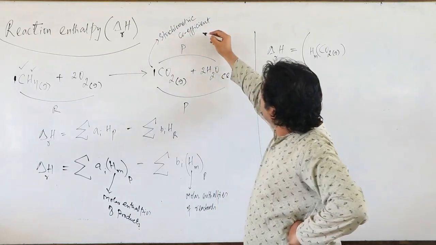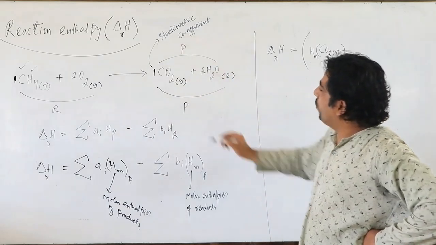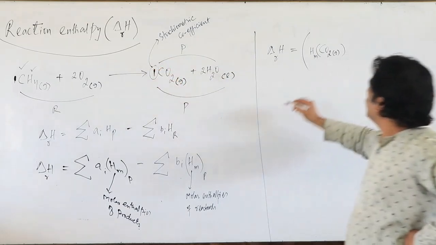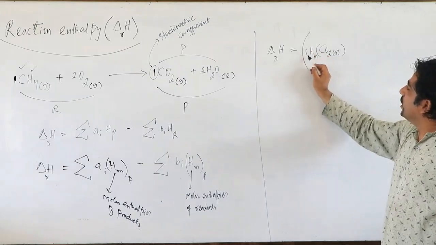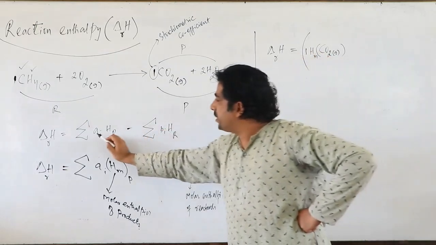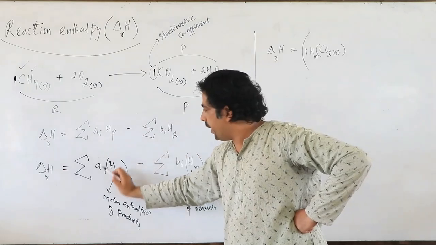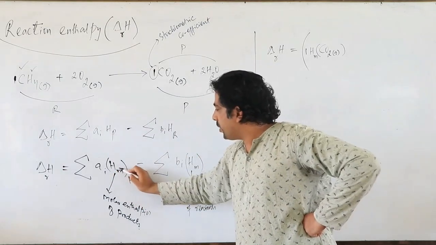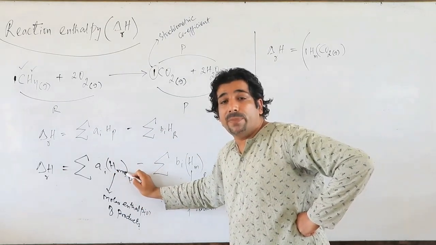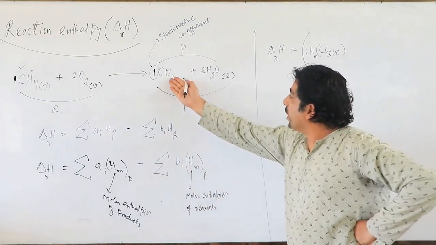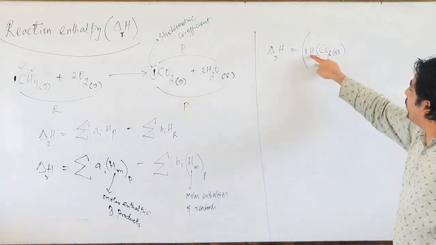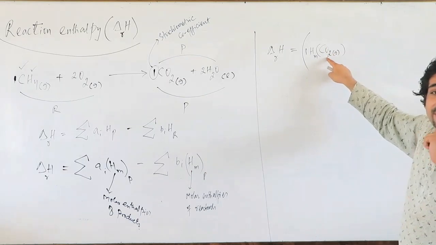So how many moles do we have here? The stoichiometric coefficient is 1, so I will write 1 here. This 1 will represent vi, and HM is the molar enthalpy of products. This is my product, so I am writing the molar enthalpy of carbon dioxide.